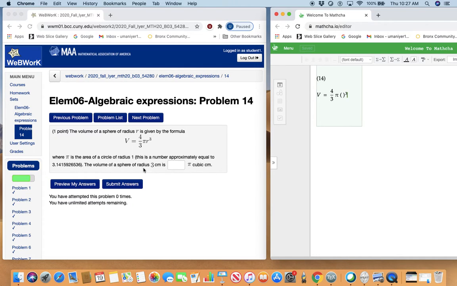Okay. They are telling me radius is 3. Radius is this r. Okay. So where I see r, I replace it by 3.